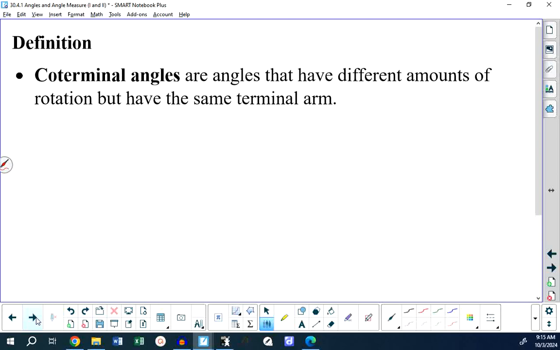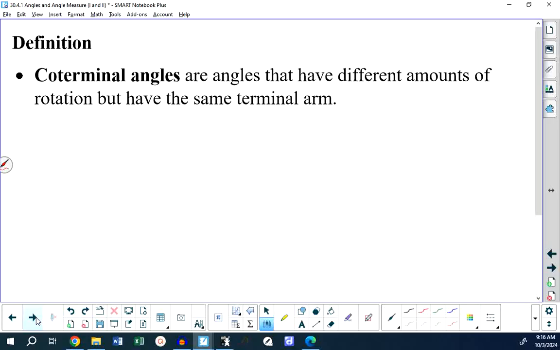So I don't know, does anybody from My Math 20 maybe remember me talking about coterminal angles? Look at the word, coterminal. The terminal arm is the same for coterminal angles. And we need to start making a real distinction here between the terminal arm, which is the destination, and a rotation angle, which is how we get there.